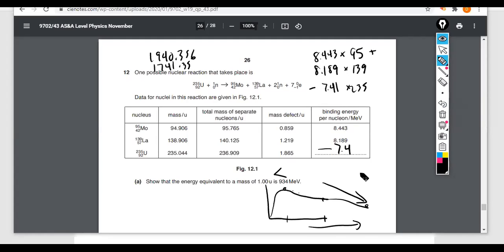Take away the total binding energy of this nucleus. By multiplying the binding energy per nucleon times the nucleon number, you're getting the total binding energy in that nucleus. When we fission that, we're releasing energy, but these things still have energy locked up in them, so it is indeed the difference between those two. And so you should get 199 for that.